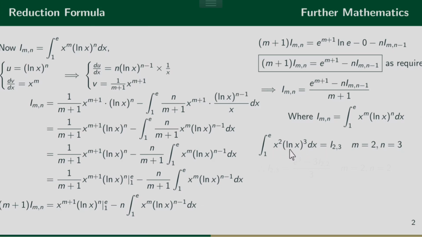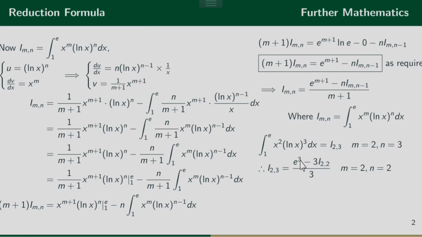Now, looking at it keenly, you notice that the power of x is 2, so m is equal to 2, and the power of ln x is 3, so n is equal to 3. Now, applying the reduction formula to integrate, I'll be looking for I2,3, and I'll substitute m with 2 and n with 3 into the reduction formula.